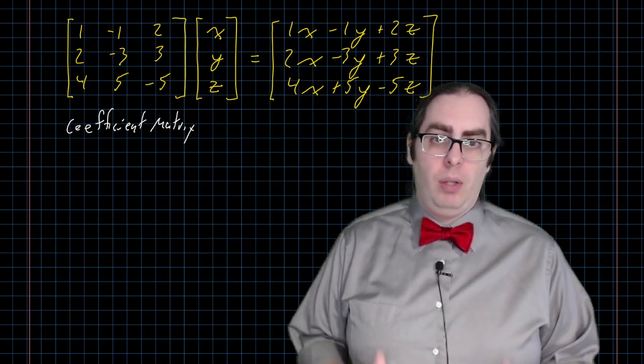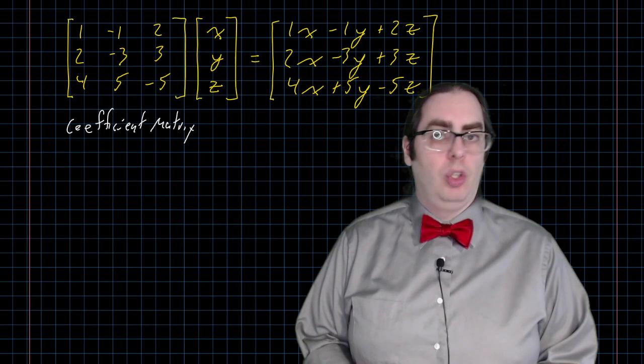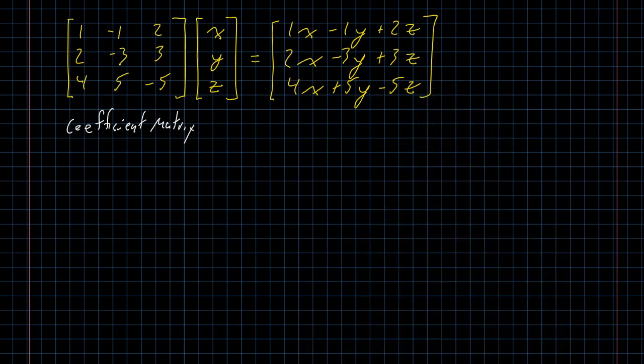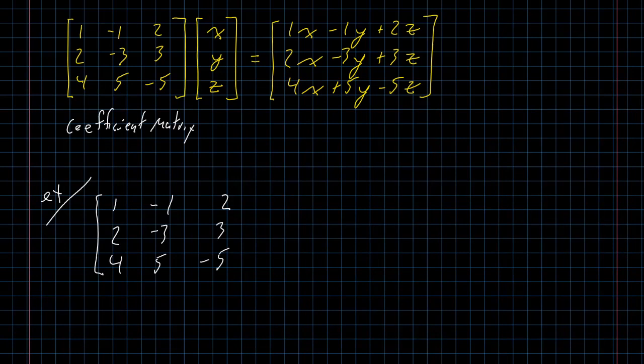For right now, I just want to make sure you can spend some time practicing these operations. So I would like you to take a look at one last example. Here I have a 3 by 3 matrix. Actually, we'll use the same 3 by 3 matrix: 1, -1, 2, 2, -3, 3, 4, 5, -5.